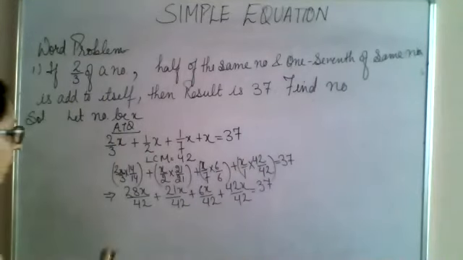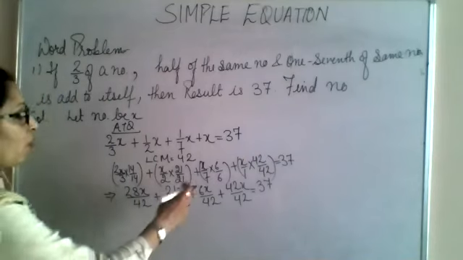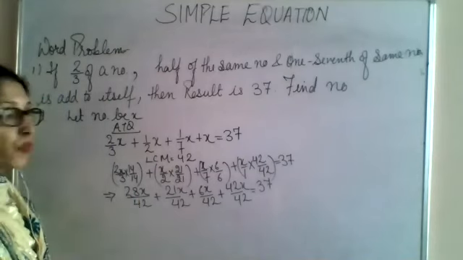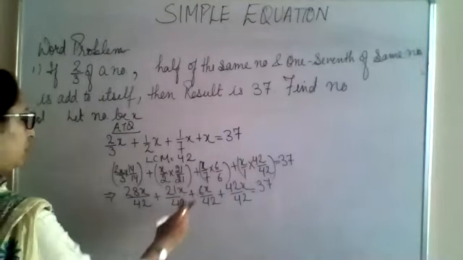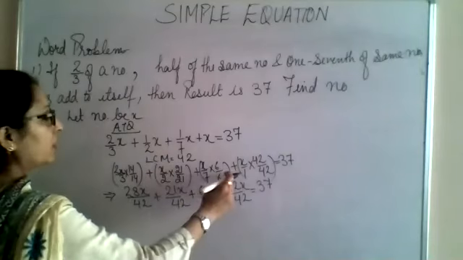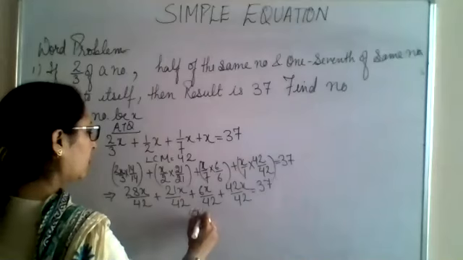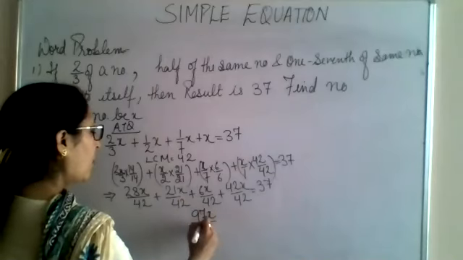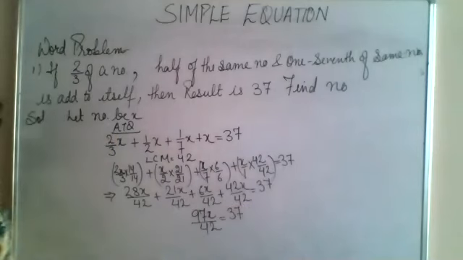And when you will add all, 28 plus 21, 49, 49 plus 6 is 55 and this will be 97. 97x upon 42 equal to 37.